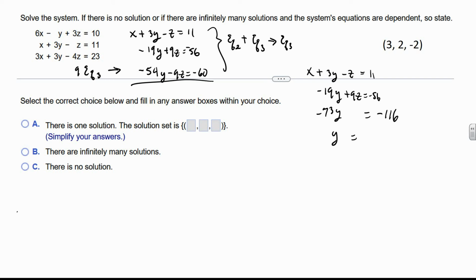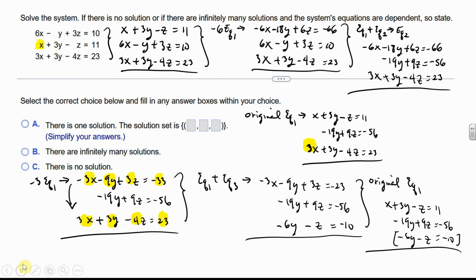Let's see. I'm off somewhere. Let's go back. Anybody see the mistake?